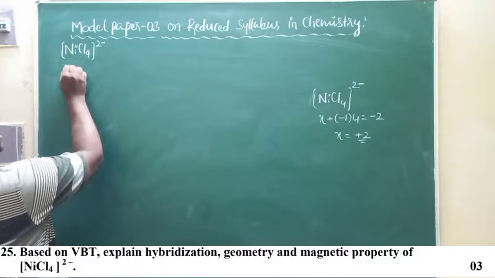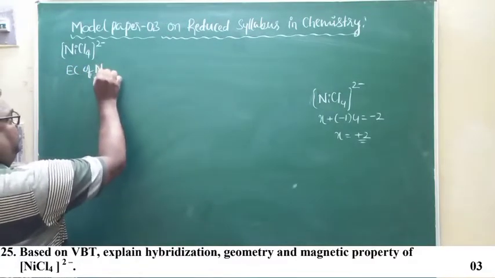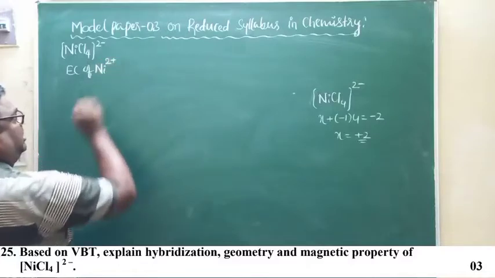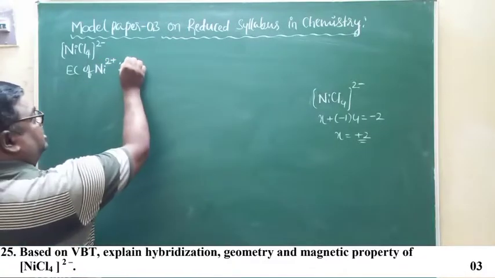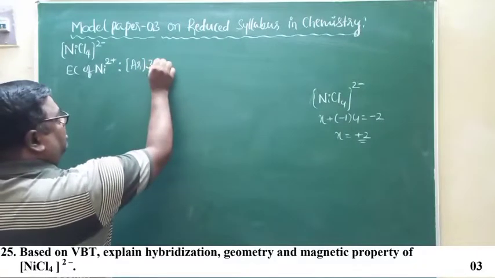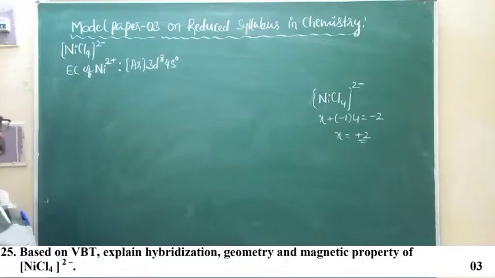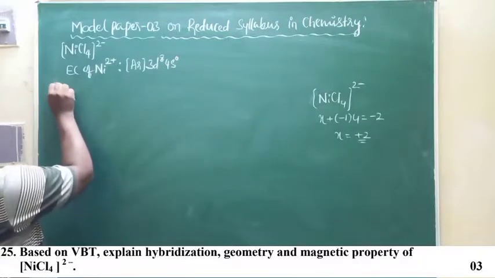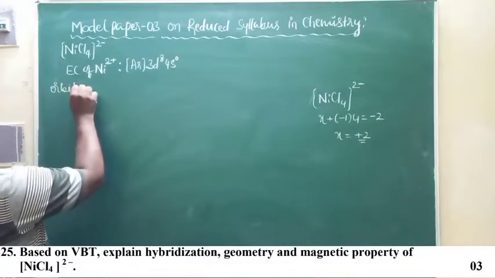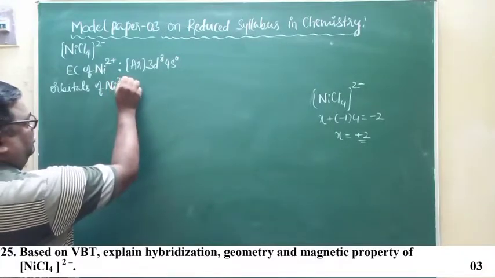Because of that, you start with the electronic configuration of nickel plus 2 ion: argon 3d8, 4s0. This is the electronic configuration of nickel plus 2 ion. Now we'll start with the orbitals of nickel plus 2 ion.